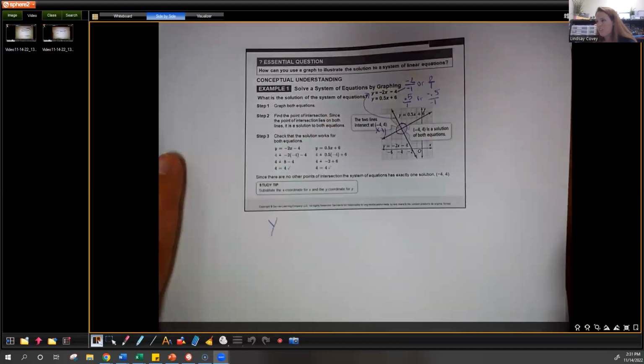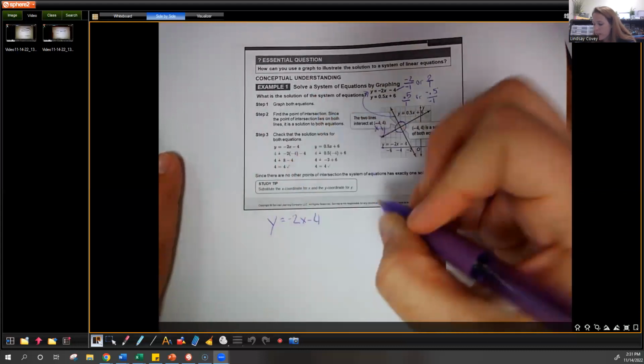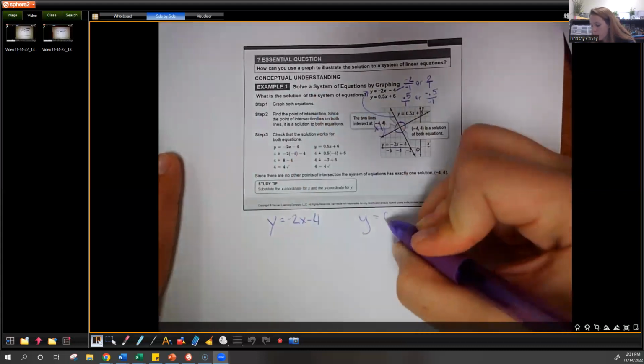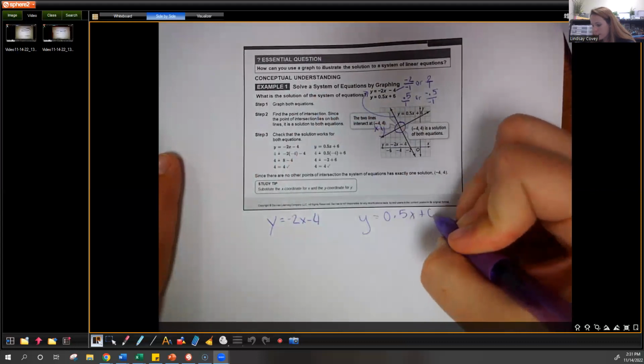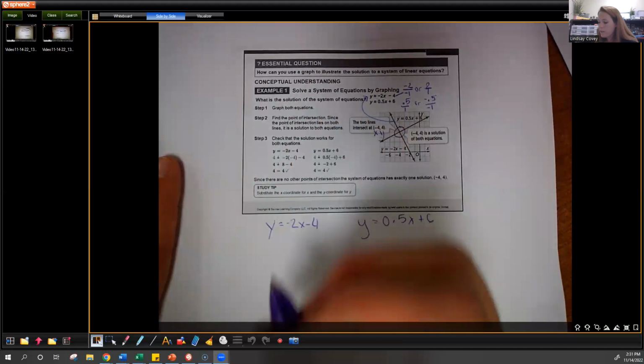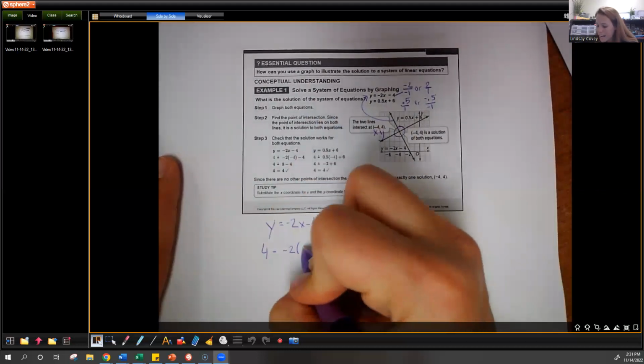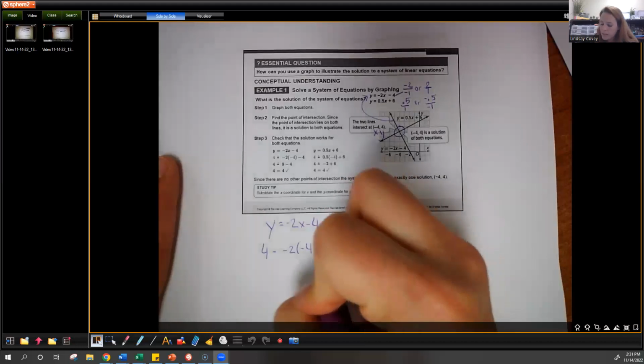So we have y equals negative 2x minus 4, and then y equals 5/10 x plus 6. And we're going to plug in the point, which is negative 4, 4. So I'm going to go 4 equals negative 2 times negative 4 minus 4.